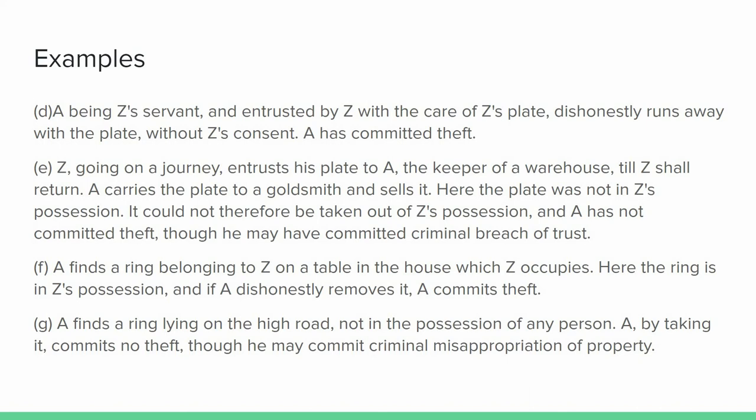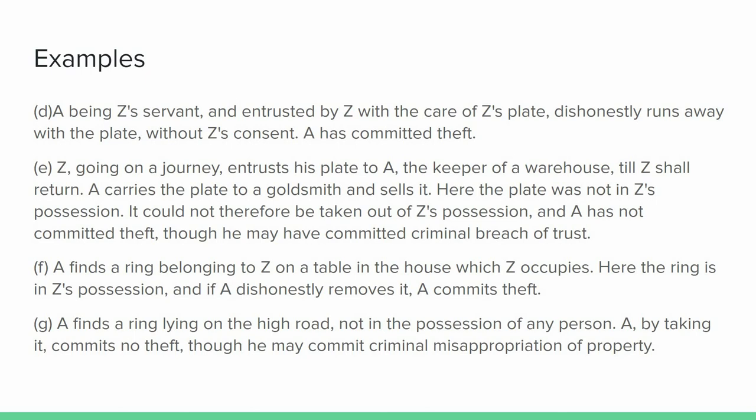Here the plate or the goods was not in Z's possession at the time of the act. It could not therefore be taken out of Z's possession, and A has not committed theft. In this case, A has not committed theft, though he may have committed criminal breach of trust. And what is criminal breach of trust, we will discuss later on.